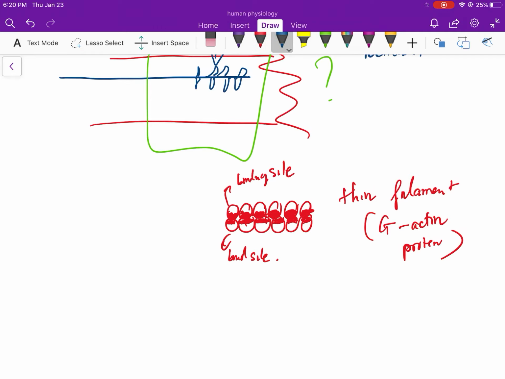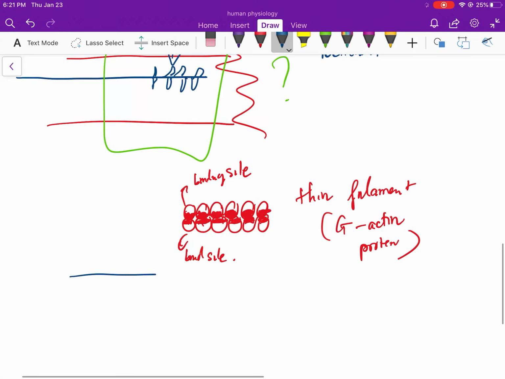And this binding site is really important because it is where our thick filament will bind. The thick filament has a really strong attraction to this binding site, wants to bind to this binding site.